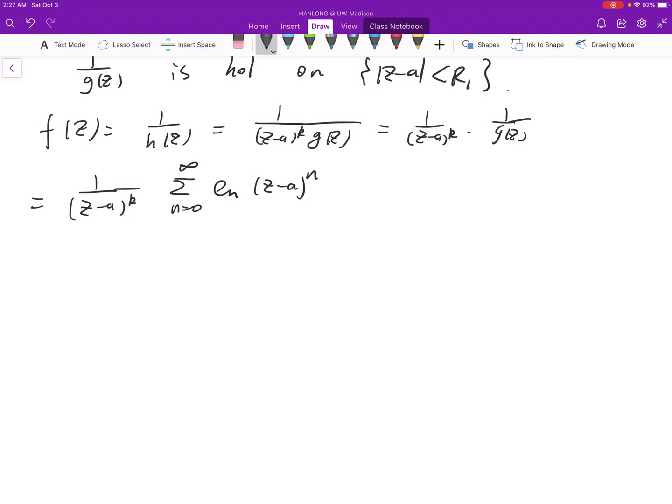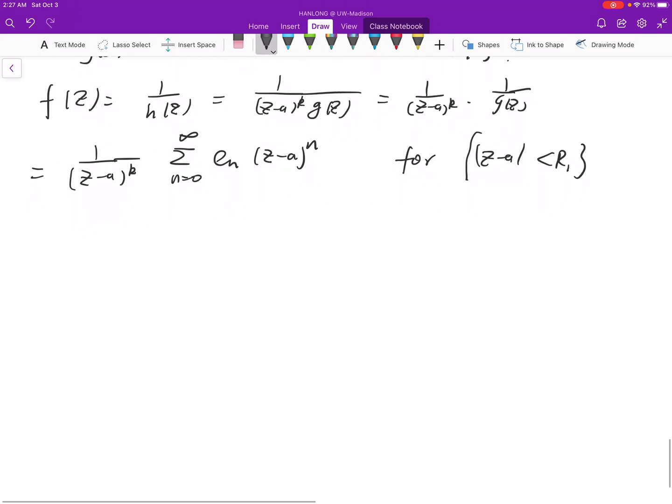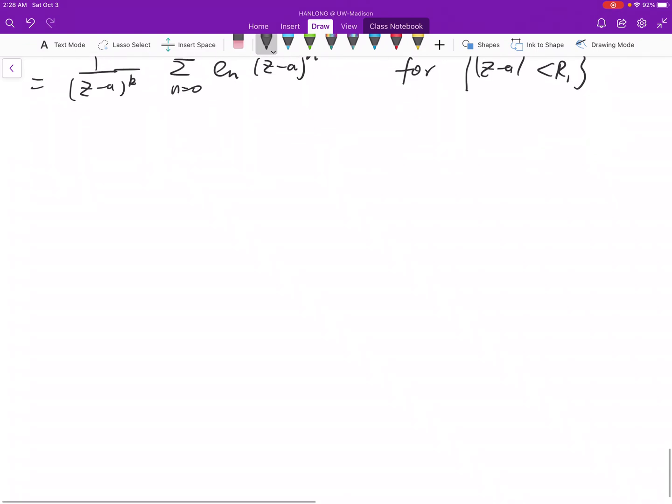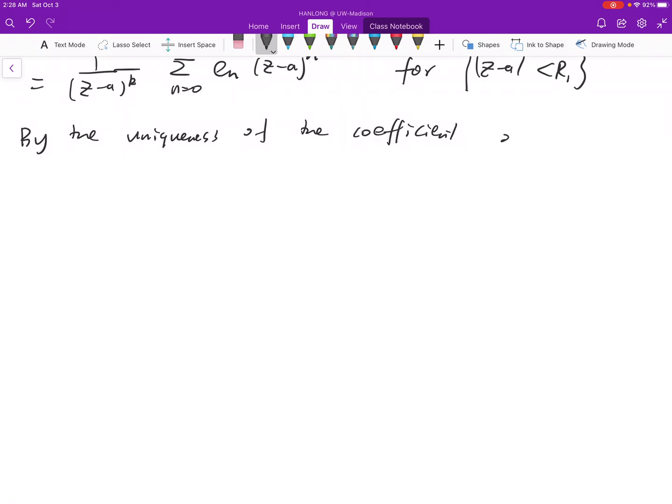Okay, and then so here for |z minus a| less than r1, we can conclude that by the uniqueness of the coefficients of a Laurent series expansion, as we mentioned before, how to prove the uniqueness, we can apply the Cauchy-Goursat theorem to derive this expansion.